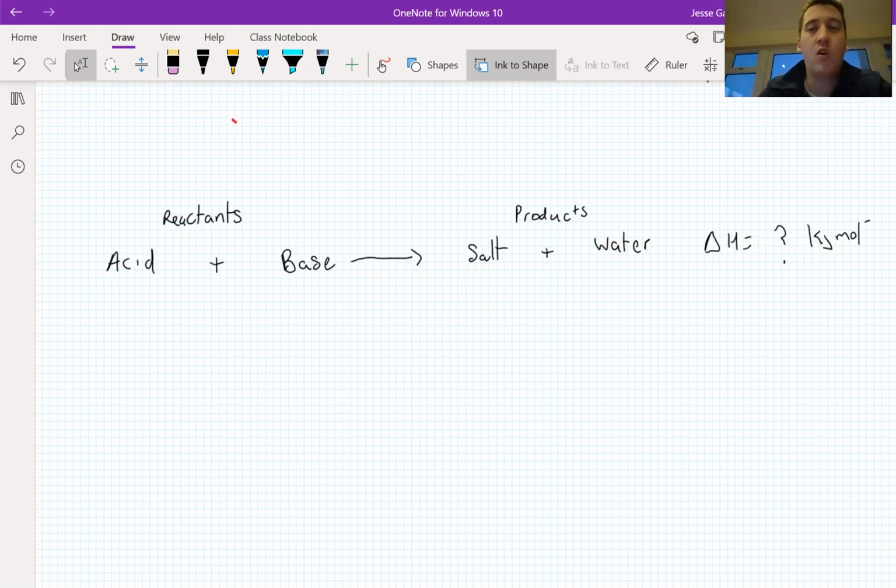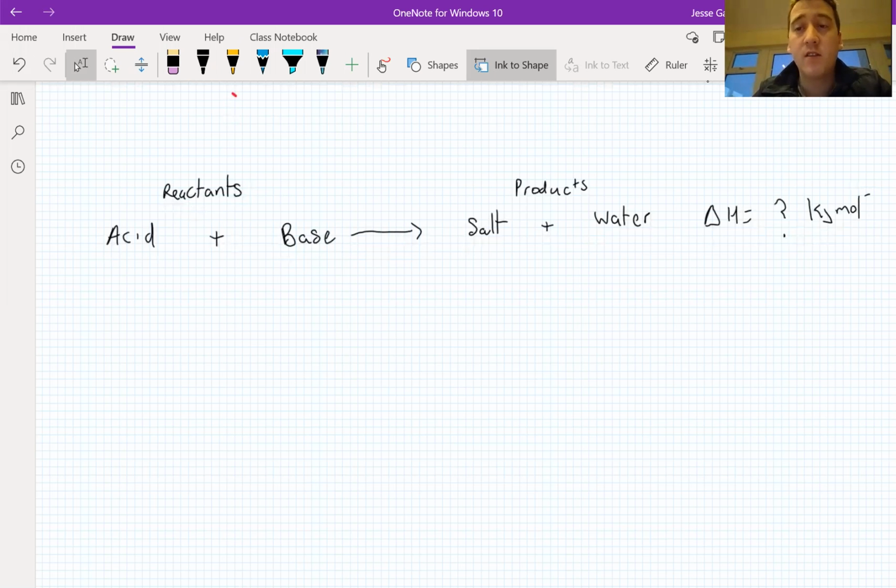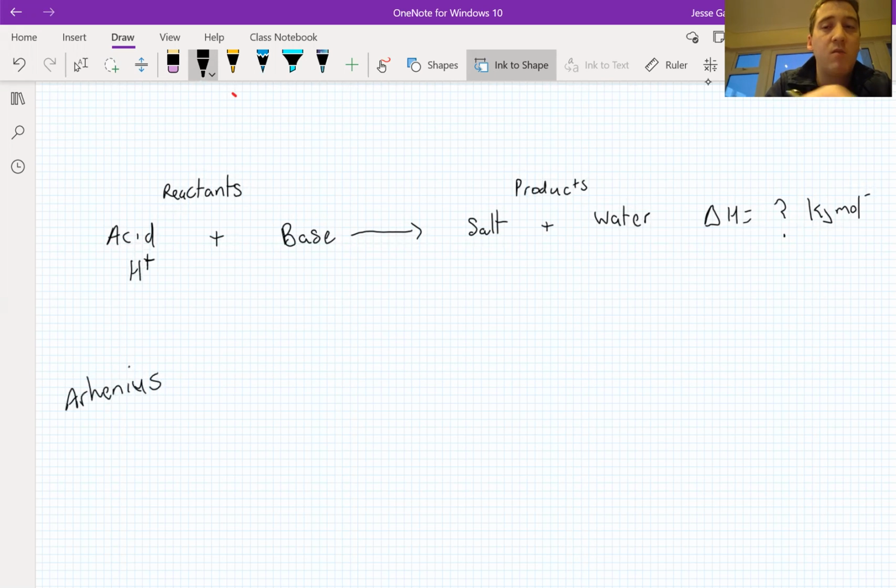Now, according to a guy called Arrhenius, and I'll write his name here, Arrhenius was the first person to describe what acids and bases are and try and put a definition on them. Arrhenius said that acids are substances which produce H plus ions when we mix them with water, and bases produce OH minus ions when we mix them with water.